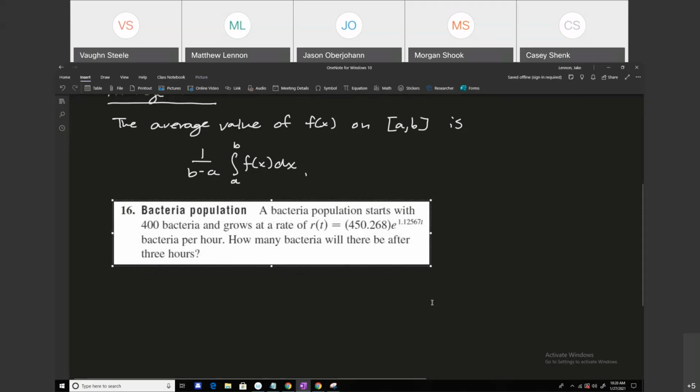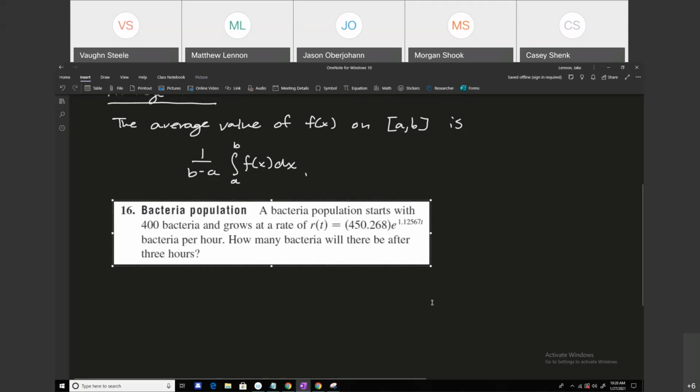So in this problem, we have a bacteria population starting with 400 bacteria and growing at a rate. So we have a rate of change function that's an exponential function in bacteria per hour. How many bacteria will there be after 3 hours? So what we do there is we just integrate from 0 to 3, and that gives the total bacteria.